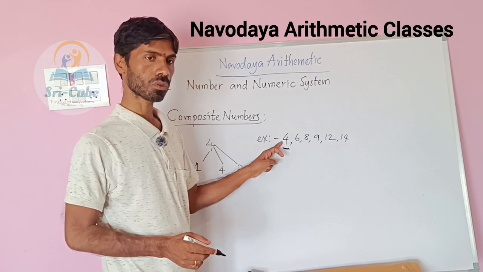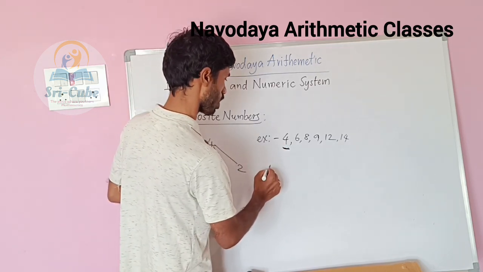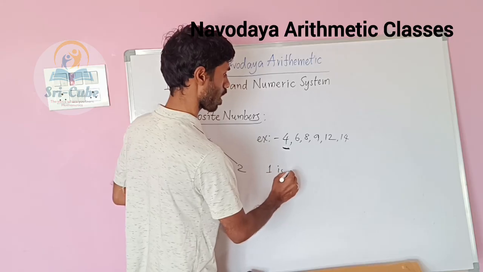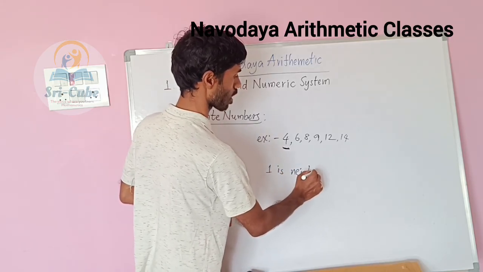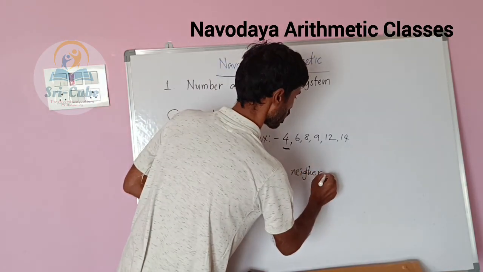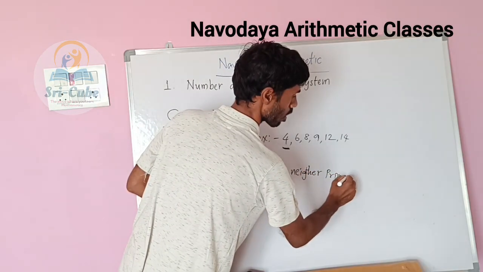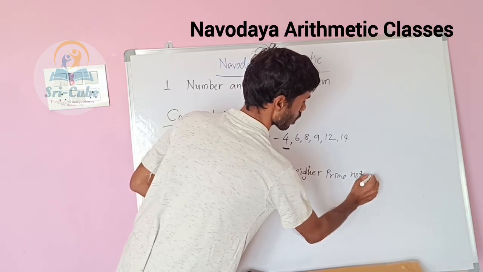If you take 2, 2 is also prime. Now another important point, 1 is neither prime nor composite.